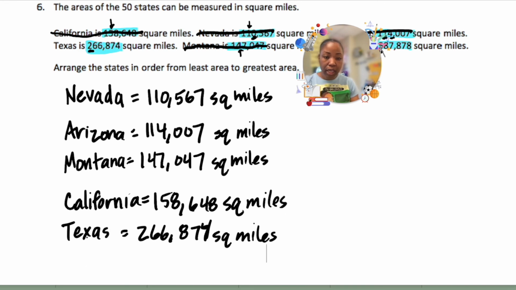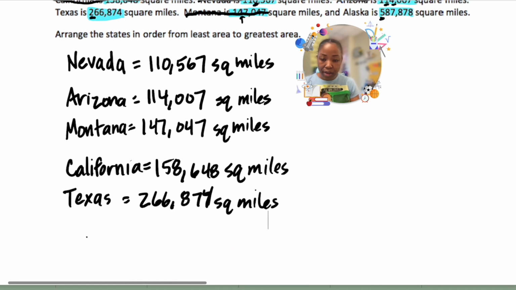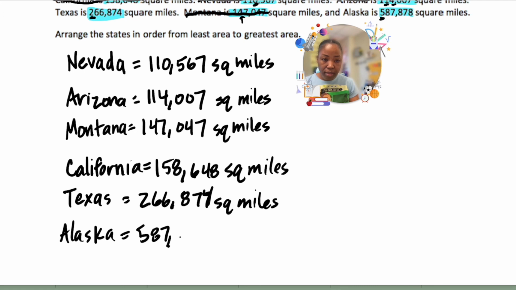And finally, Alaska. 587,878 square miles.